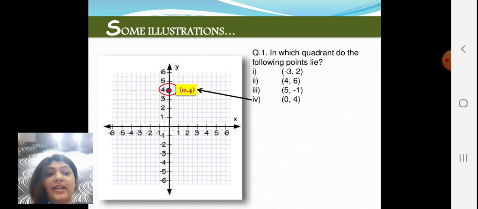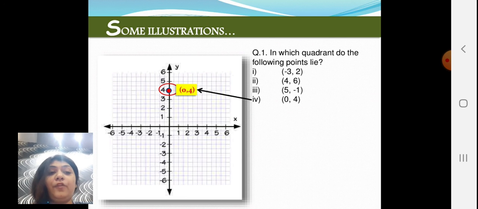If abscissa is negative and ordinate is positive, it will be in the second quadrant. (4, 6): both are positive, so that will lie in the first quadrant. Now (5, -3): 5, that is abscissa, is positive, and ordinate is negative. So it will lie in the fourth quadrant.